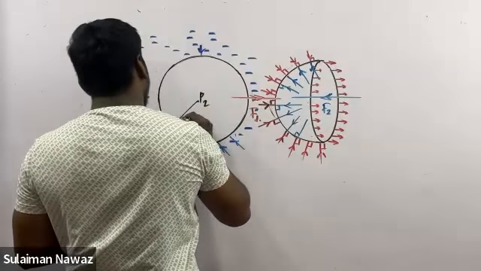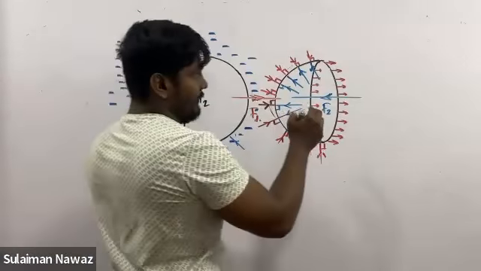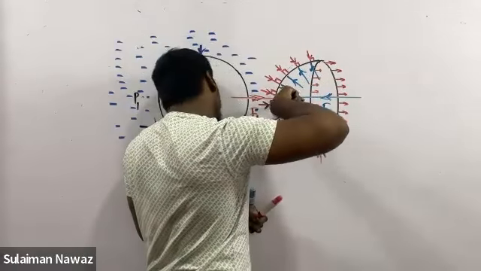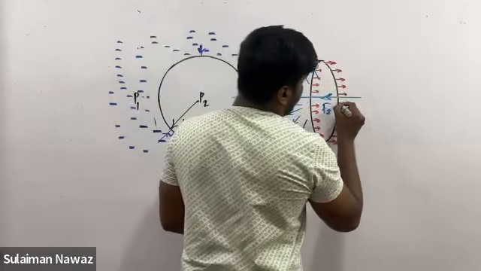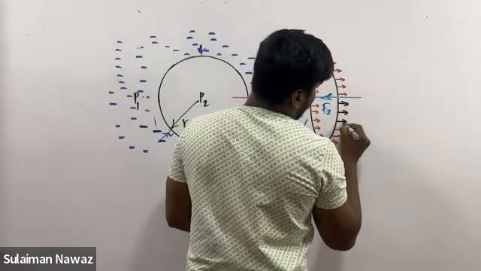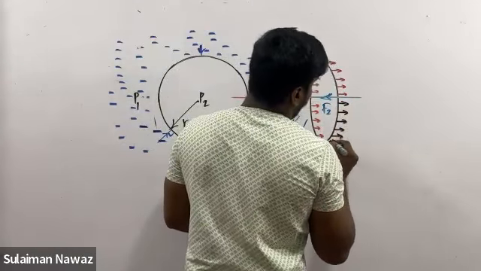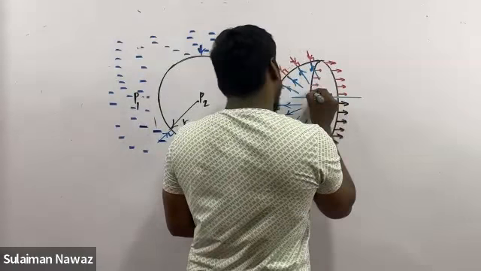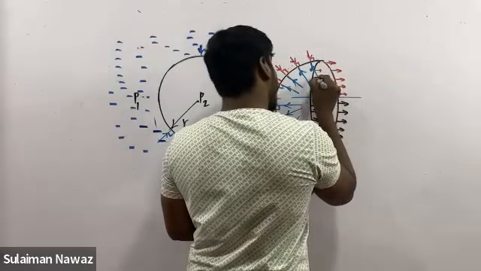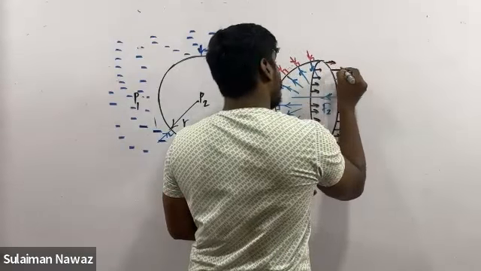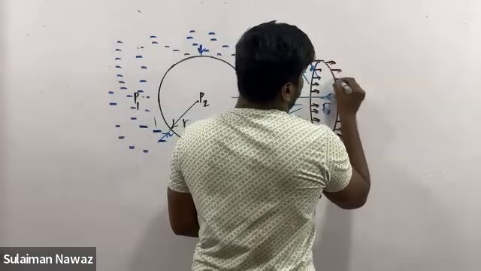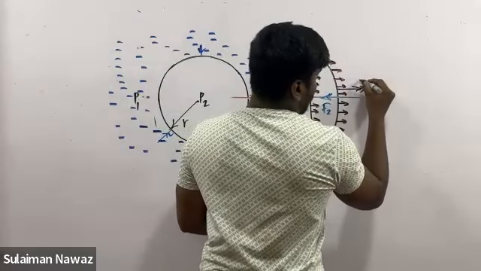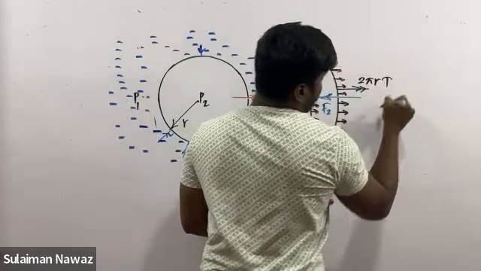The resultant surface tension force, also to the right side direction, is 2 pi r into capital T.